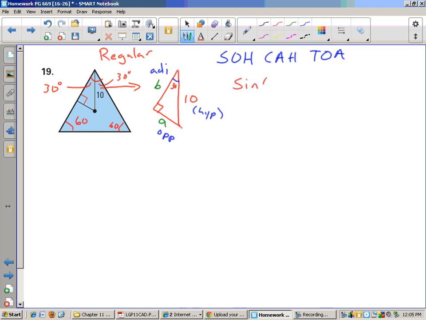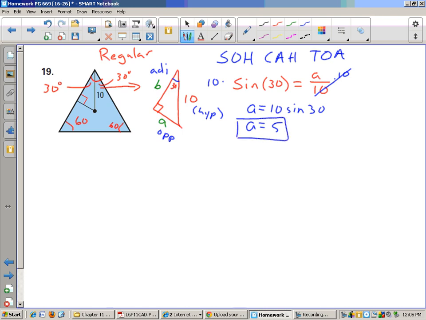So sine of 30 equals opposite, which is A, over hypotenuse, which is 10. So multiply both sides by 10, and I'm going to end up getting A equals 10 sine 30, so A is going to equal 5. Sine 30 is half. And so A ends up being 5.